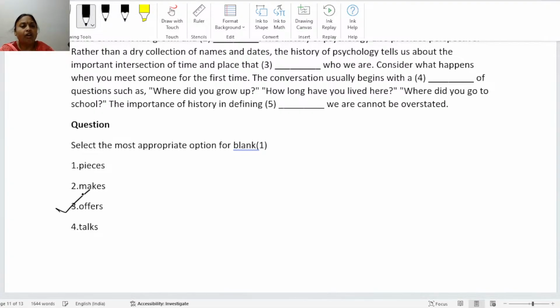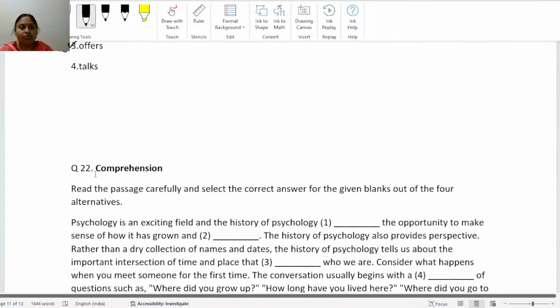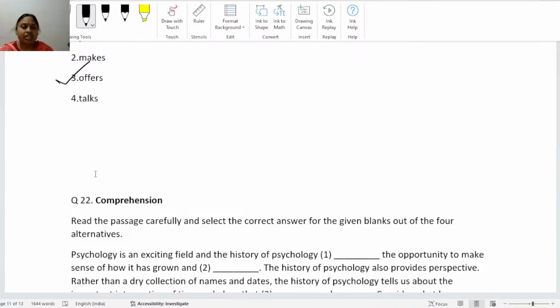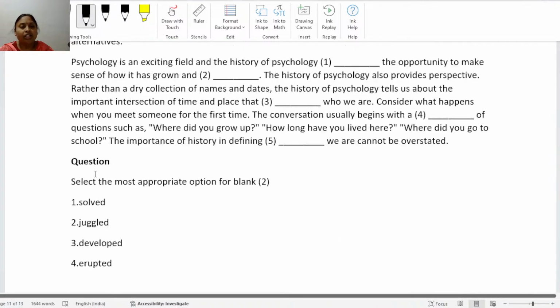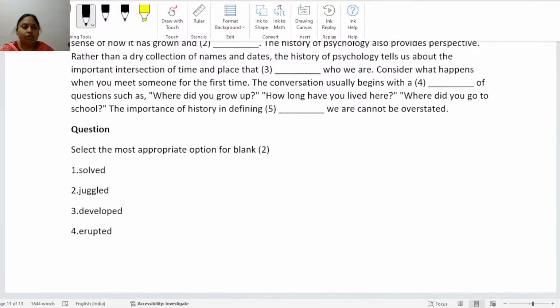So that's why offers will come as the first fill in the blank. Psychology is an exciting field and the history of psychology offers the opportunity to make sense of how it has grown. And so automatically, select the most appropriate option for the blank. So here developed will come.